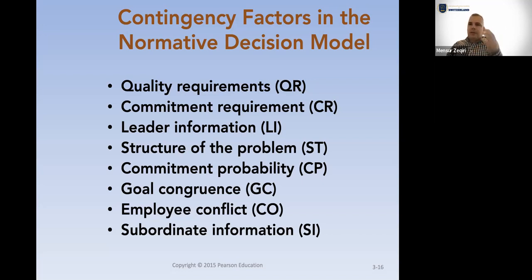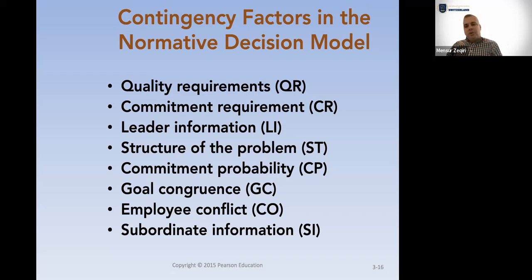Structure of the problem. Is the problem clear and well structured? Commitment probability. So how likely you think that your employees will commit to the solution if the leader makes the decision alone? So if you do not involve them, how likely are they to commit after you make a decision?